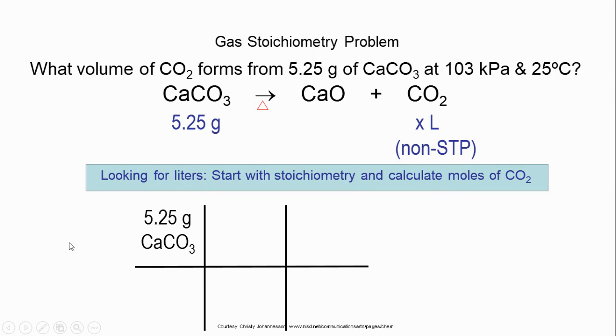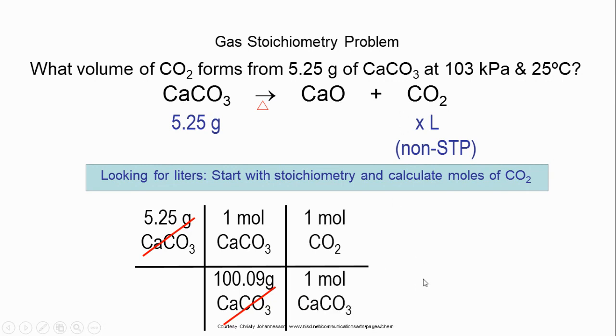I'm trying to find the moles of carbon dioxide that would be produced from the decomposition of 5.25 grams of calcium carbonate. My first step would be to convert grams to moles. The molar mass of calcium carbonate is 100 grams per mole. And then using the coefficients from the balanced chemical equation, for every 1 mole of calcium carbonate, I will produce 1 mole of carbon dioxide.